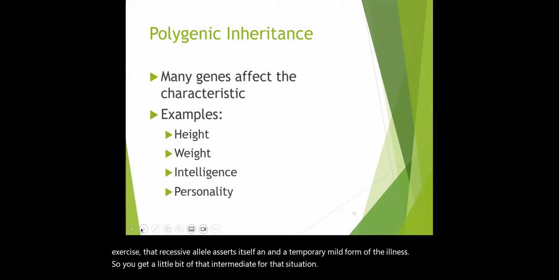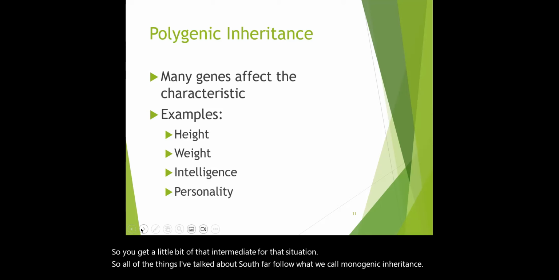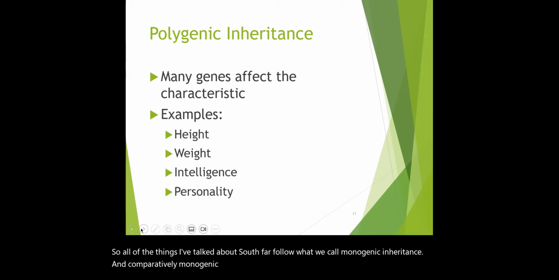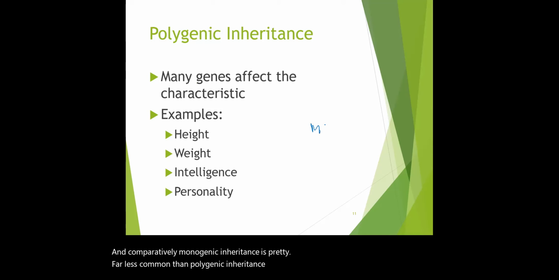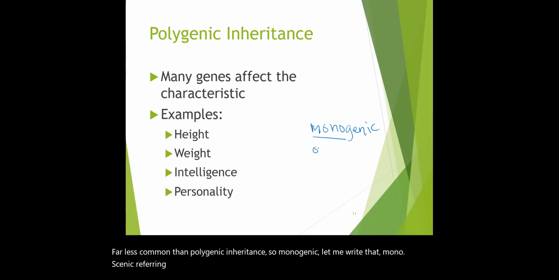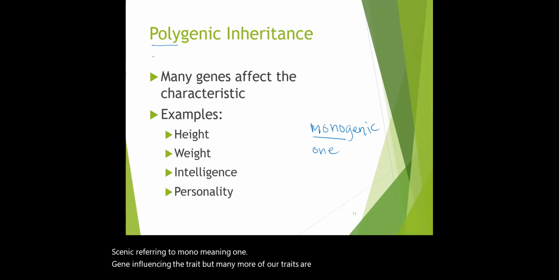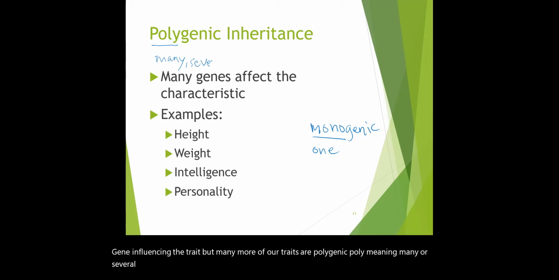So all of the things I've talked about so far follow what we call monogenic inheritance. And comparatively, monogenic inheritance is pretty far less common than polygenic inheritance. So monogenic, let me write that, monogenic, referring to mono meaning one gene influencing the trait, but many more of our traits are polygenic, poly meaning many or several, like a polygon, right?